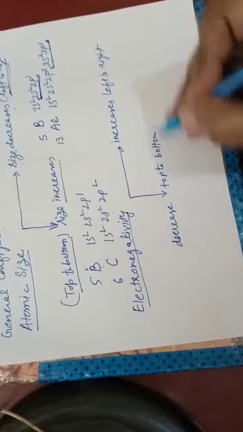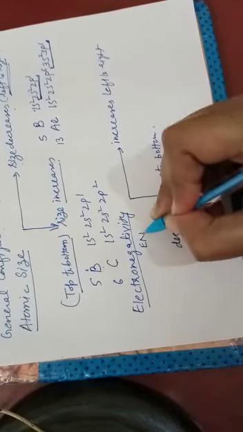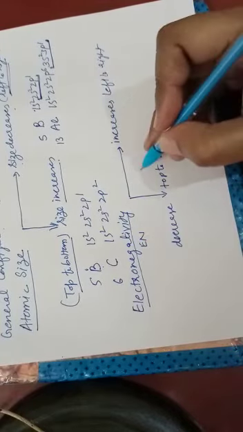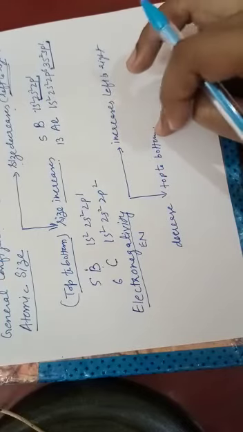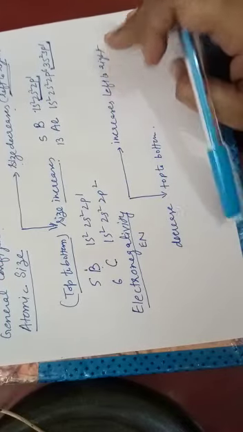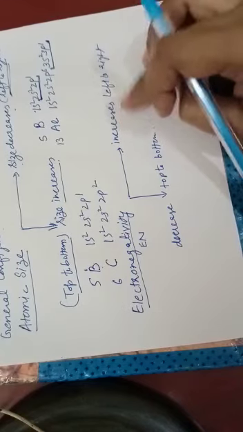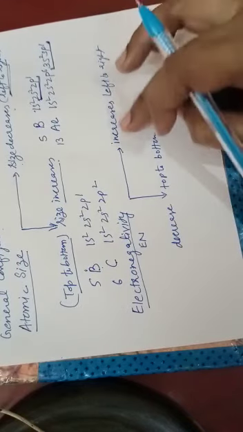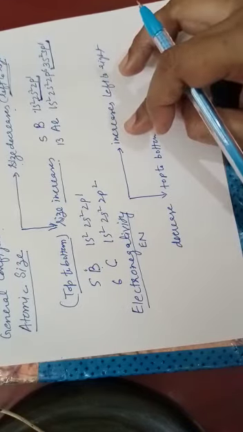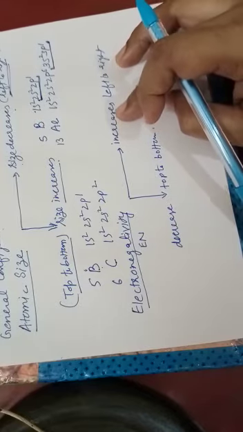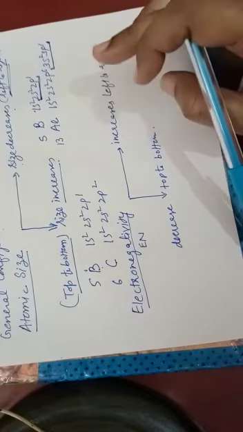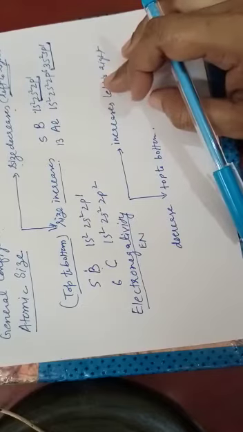How can we explain it? As we move left to right, it will increase. When we move left to right, electronegativity increases because effective nuclear charge increases.